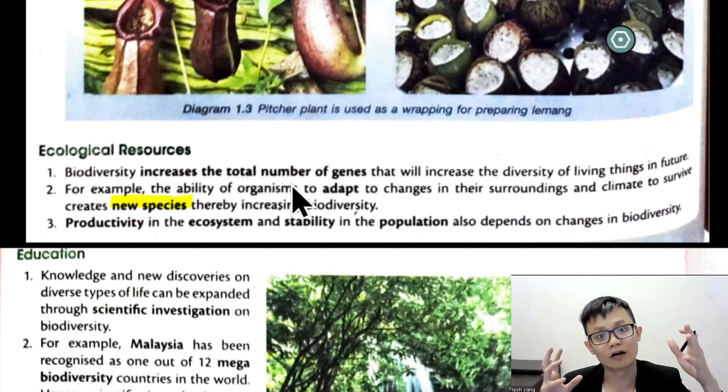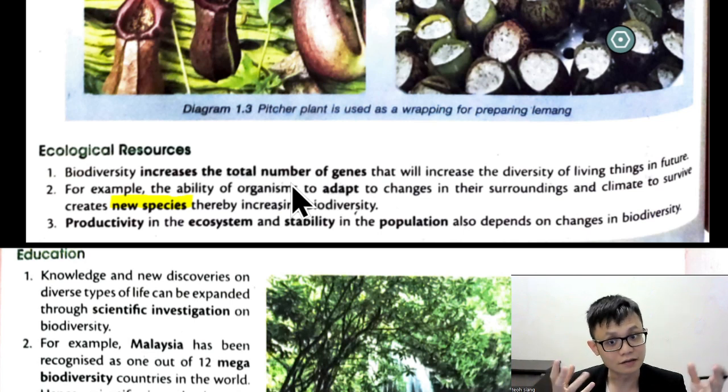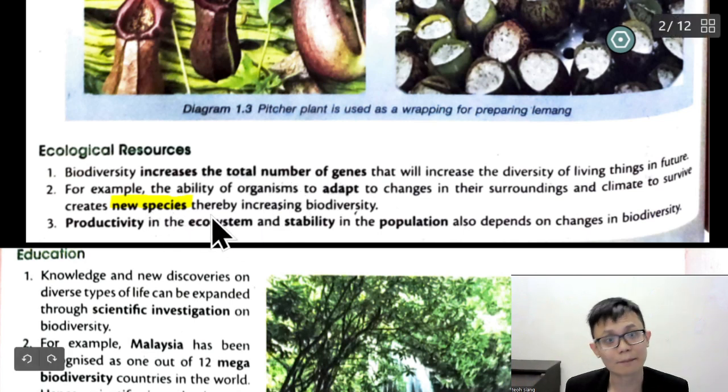We call it the evolution of new species. Okay, a microevolution, just slight changes in the species. A little bit of change on it. Productivity of the ecosystem and the stability of the population also depend on the change in biodiversity.